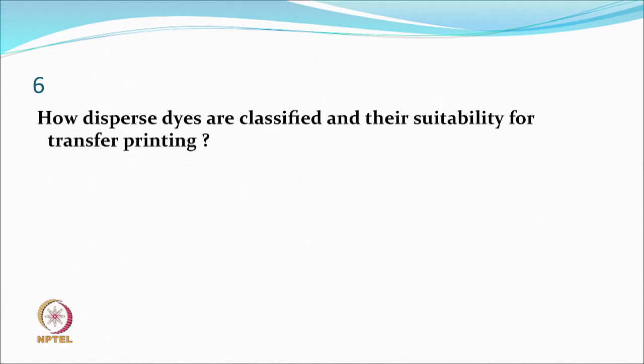So, general question again, how disperse dyes are classified and their suitability to transfer printing. So, this classification is on groups. This is not that, because every dye molecule is a different molecule. So, you are talking about segments, that is a range, and this range is in some way an arbitrary range.